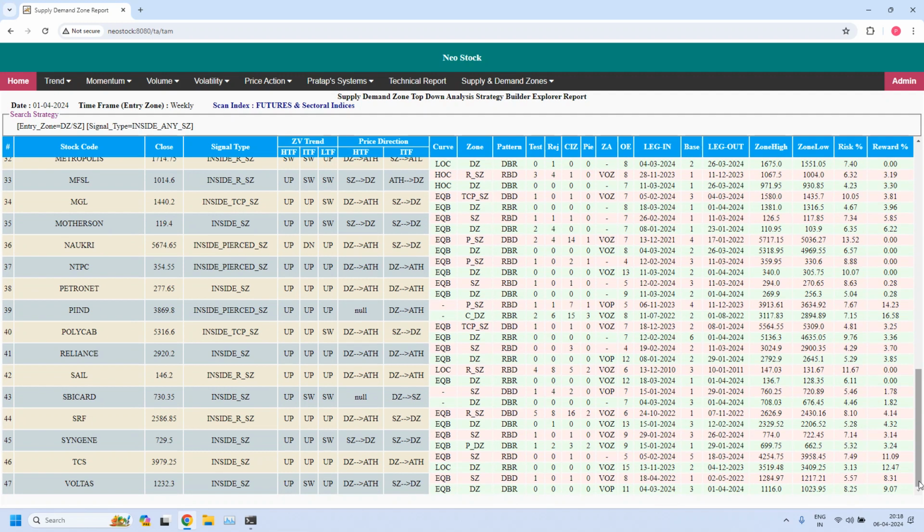So total 47 stocks are filtered where price closed inside weekly supply zone. Interesting.